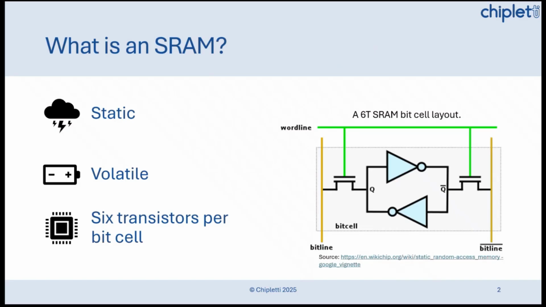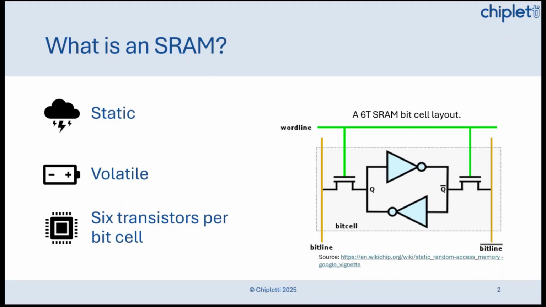But in the simplest view, it's 2 inverters cross-coupled with 2 transistors that are used to either write into those cross-coupled inverters, or to be able to read out the values from those cross-coupled inverters. So that's the most simplistic view of an SRAM cell.